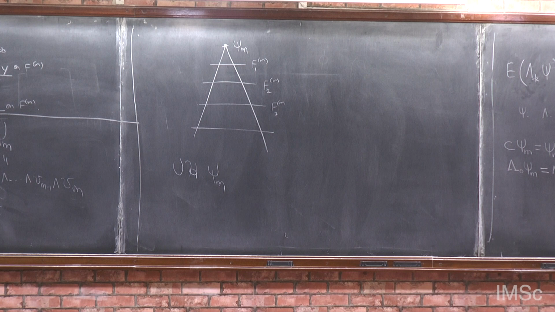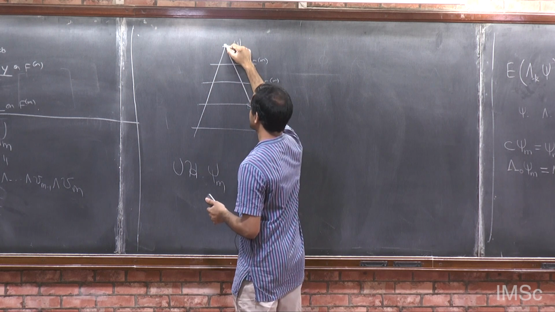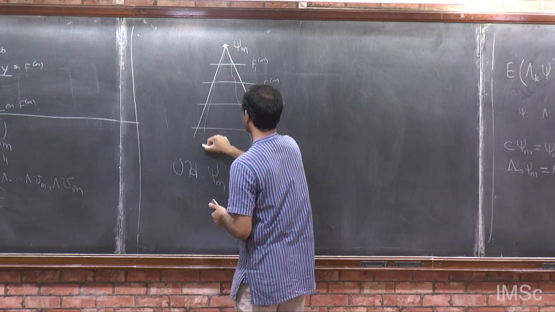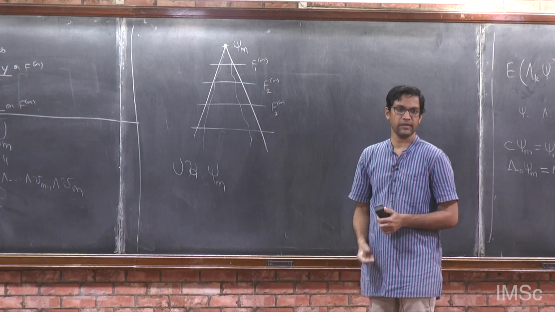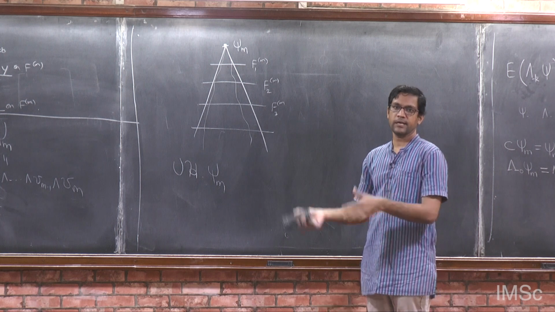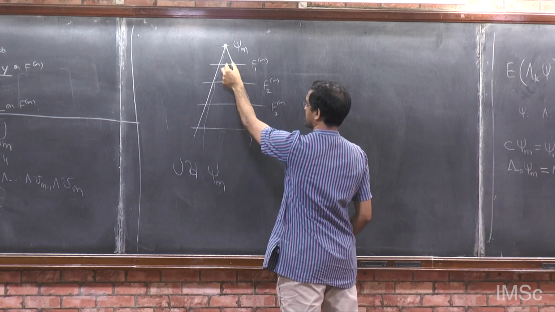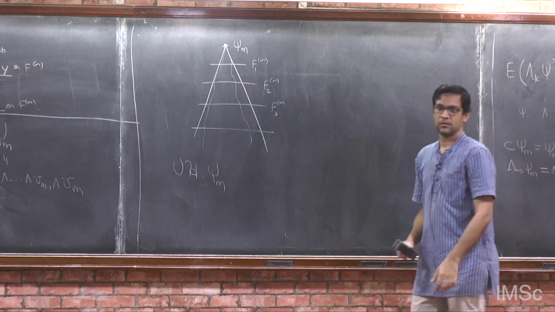But H is only a subalgebra of A infinity. So I take H and hit it on the highest weight vector, and in general it will generate only some subspace of this. But the point is that this subspace has dimensions at each level equal to the ambient dimensions. Why?